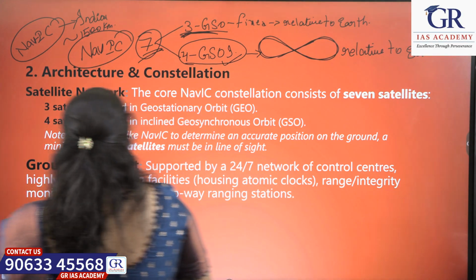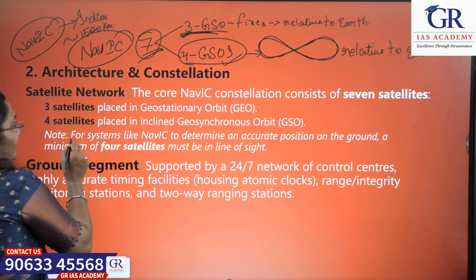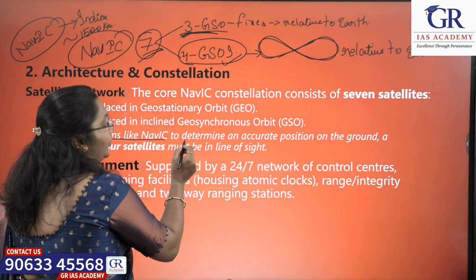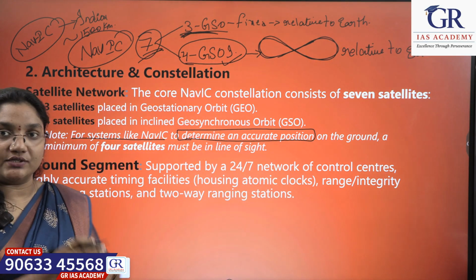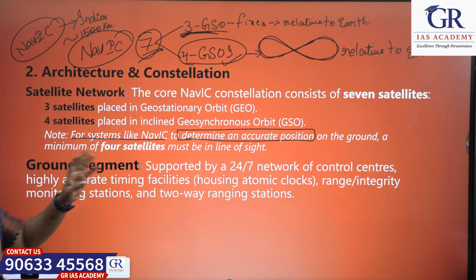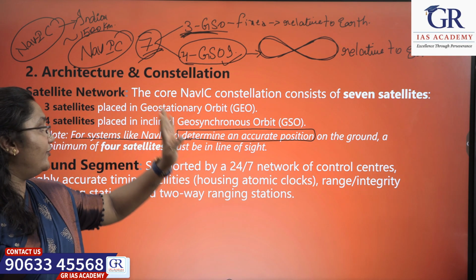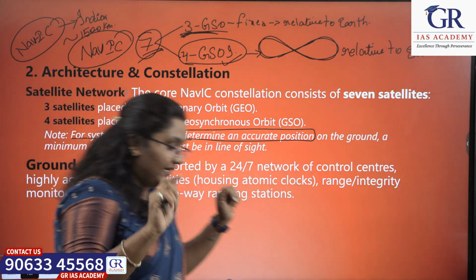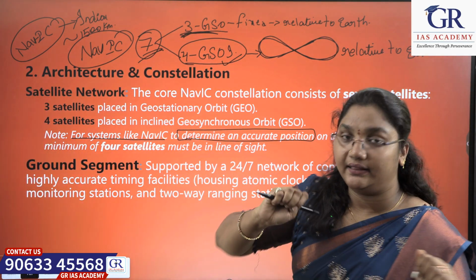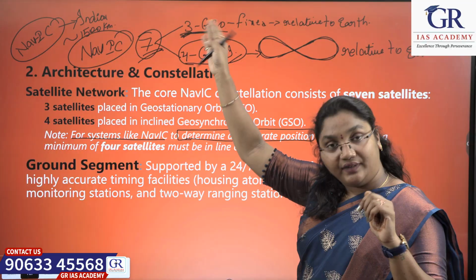Okay, now note, for systems like NavIC, to determine an accurate position on the ground, a minimum of 4 satellites must be in line of sight. Basically, how many satellites do we have?